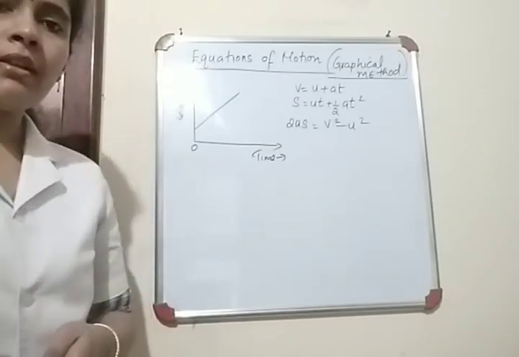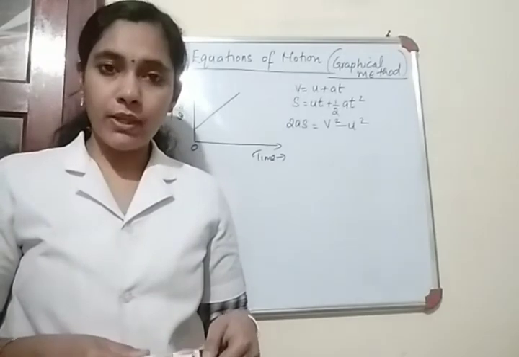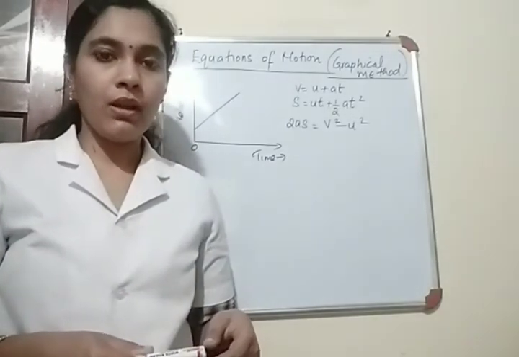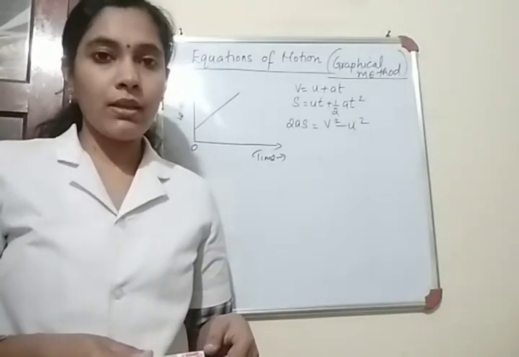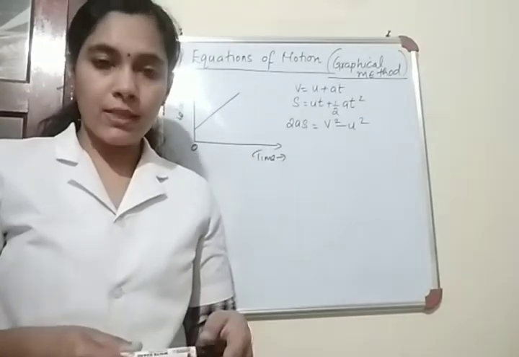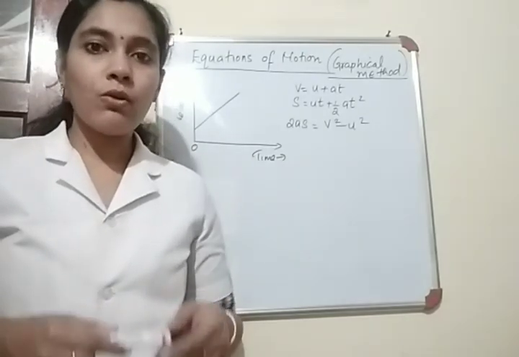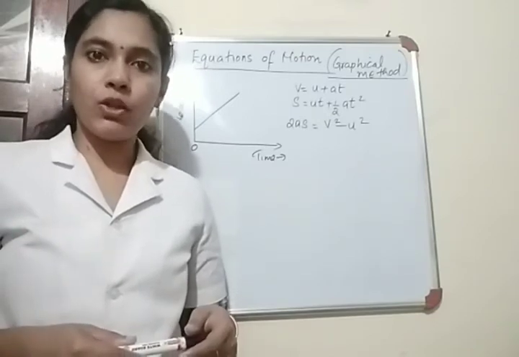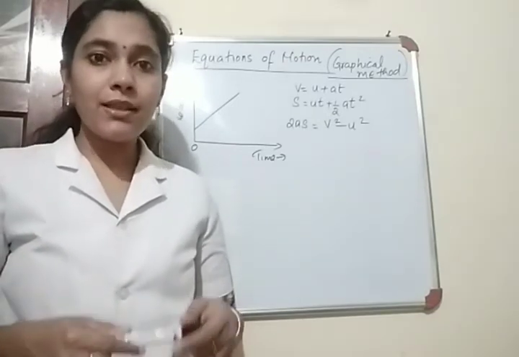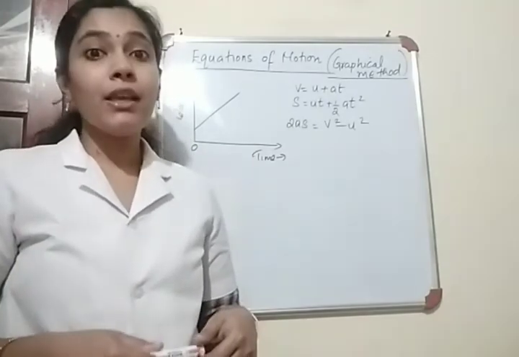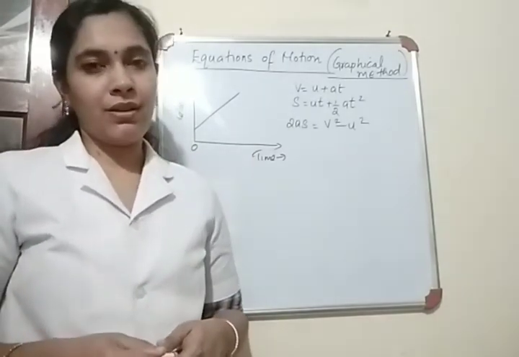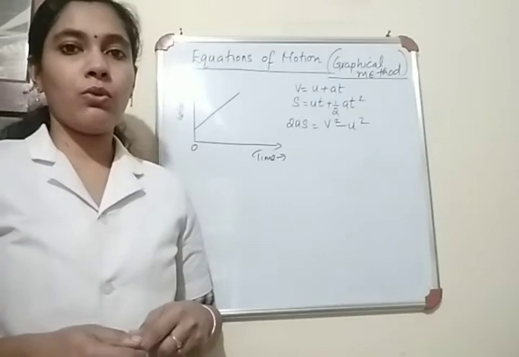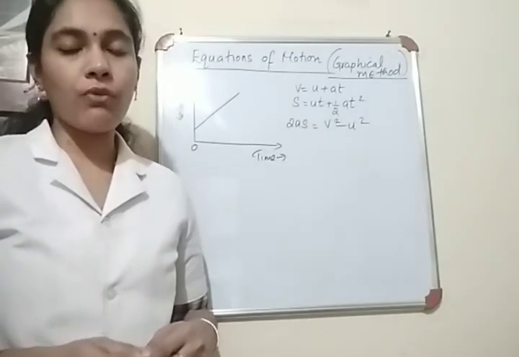And my dear children, if an object is moving with uniform acceleration, it is possible to relate the position, displacement and velocity of the object with the help of some equations. These equations are known as equations of motion. So today we are going to talk about equations of motion.